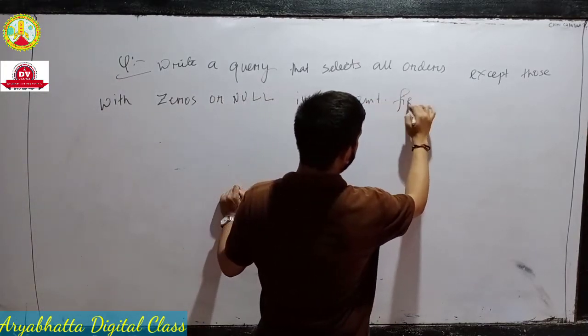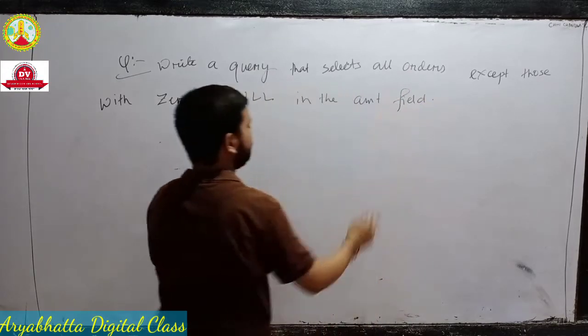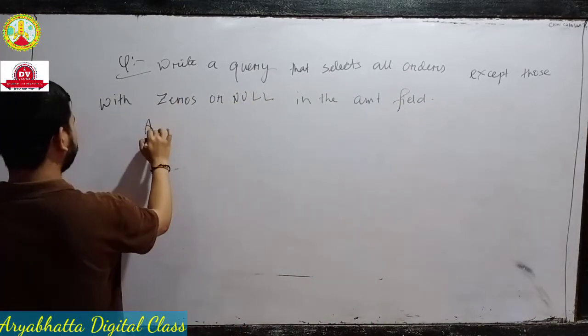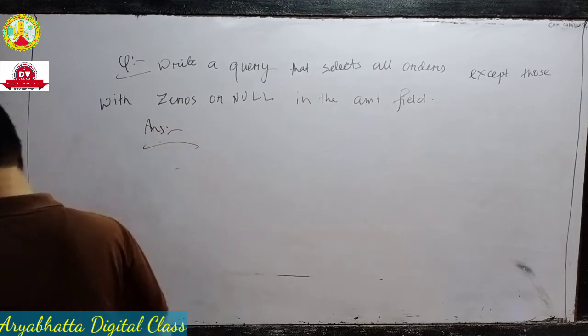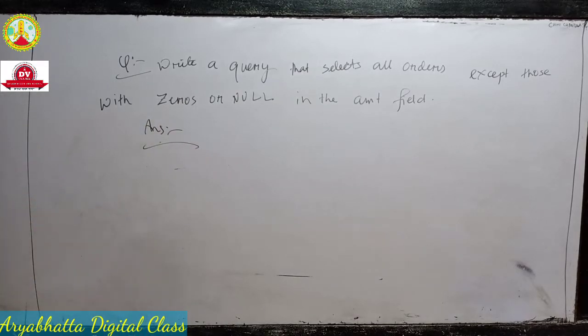AMT, the amount field. You see, what does it read? Write a query that selects all orders except those with zeros or null in the amount field.